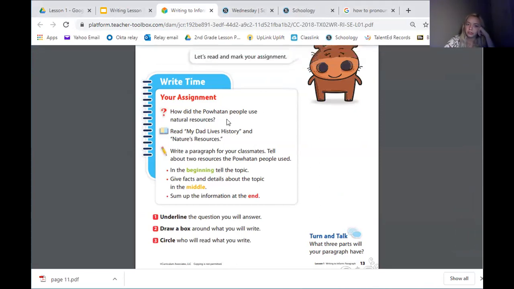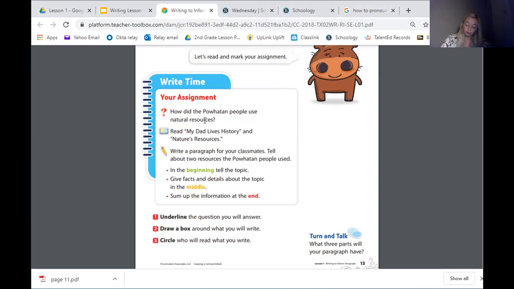What are resources? You can think in your head. You can whisper the answer out loud. You might have said that resources are things found in nature that people use to live. Resources are things found in nature that people use to live. And that's right.